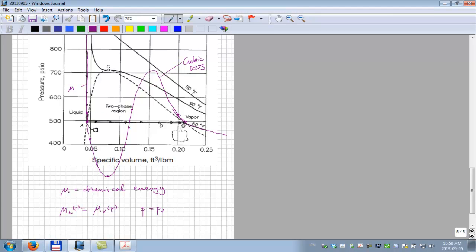Those two energies are different. But as you're approaching this 490 psi, you find that this energy equals this energy. And that is the pressure where you have a vapor pressure.